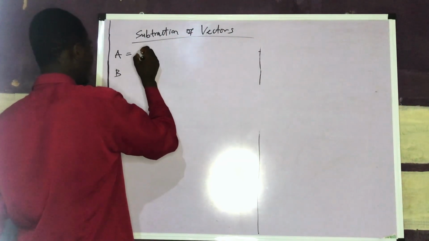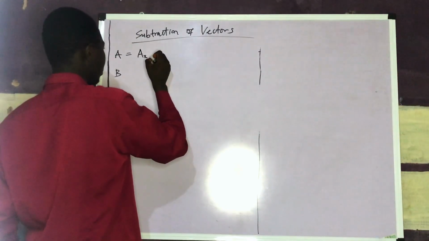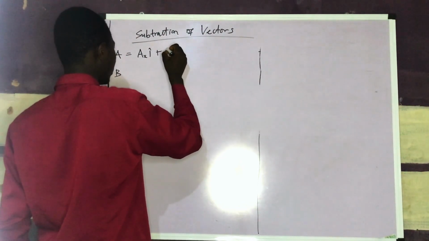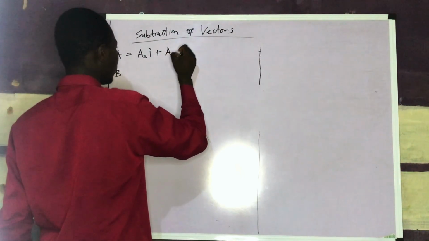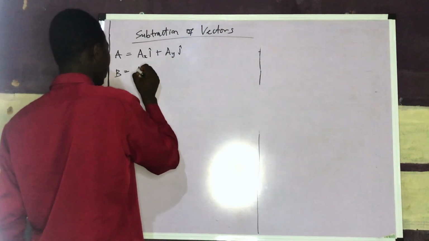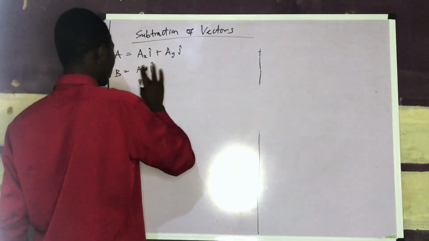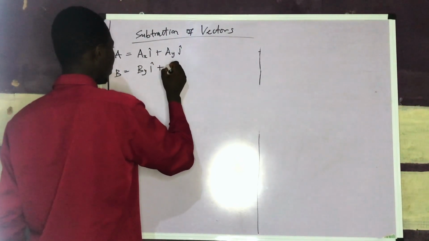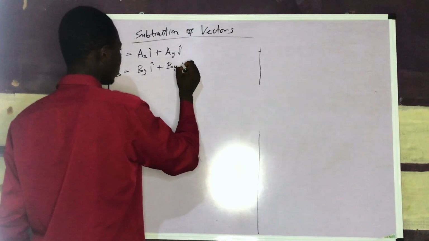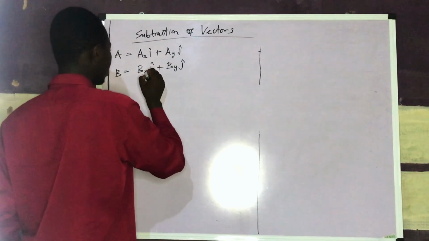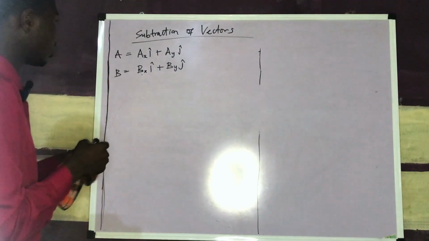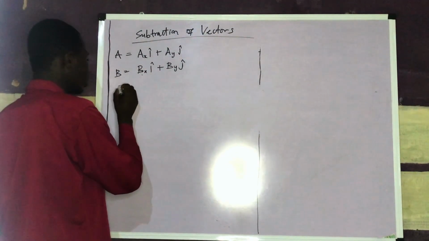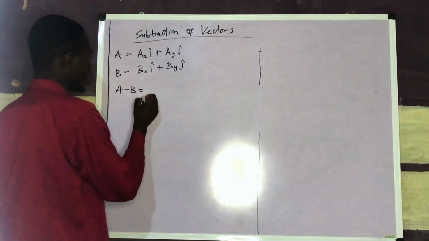So vector A, you are given ax i plus ay j, and vector B, bx i plus by j. You are asked to subtract. How are you going to do it? That means A minus B will now give you what?